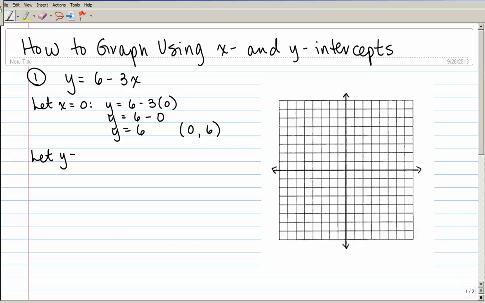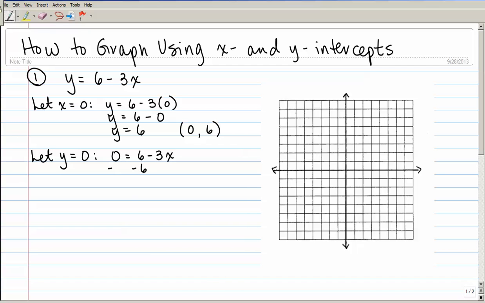Now let's do the same thing for y. Let's say, let y equal 0, plug in 0 for y into the original equation, so 0 equals 6 minus 3x, and now let's solve that for x.